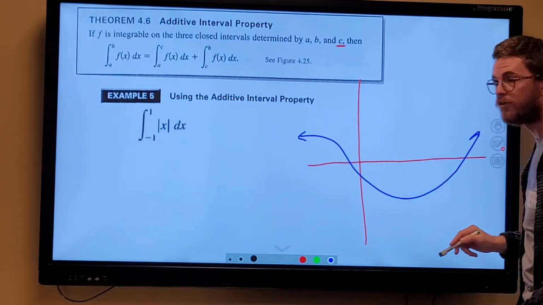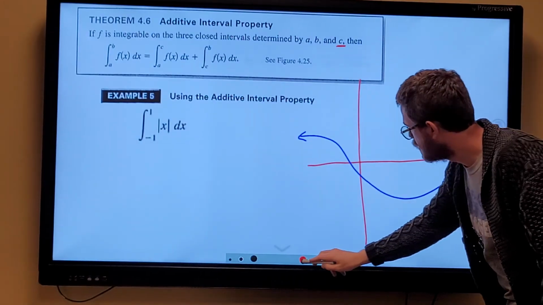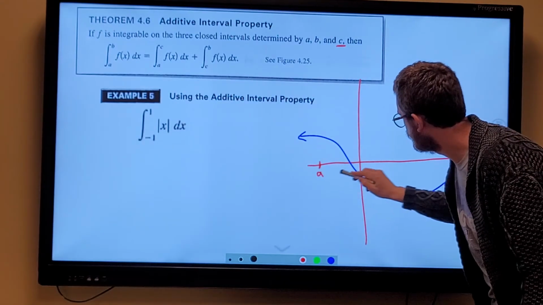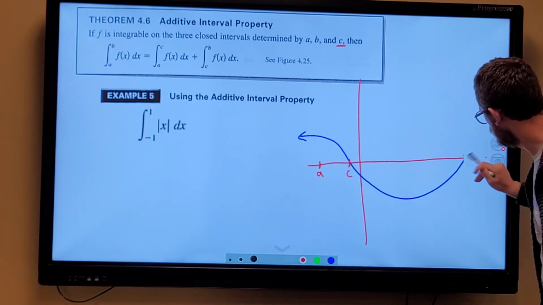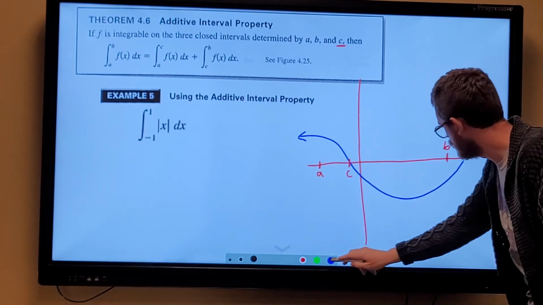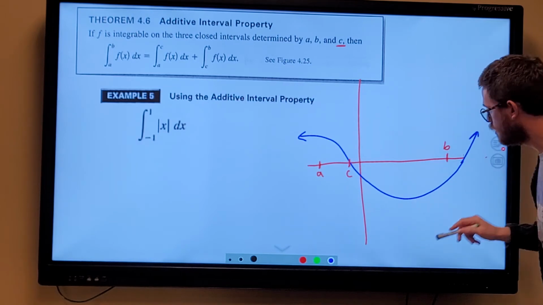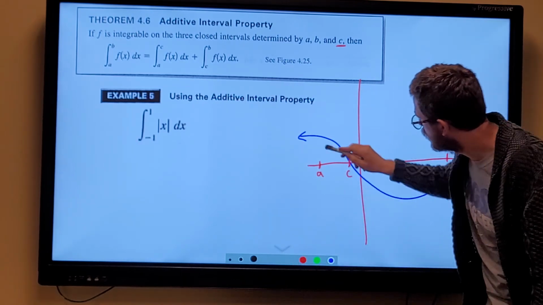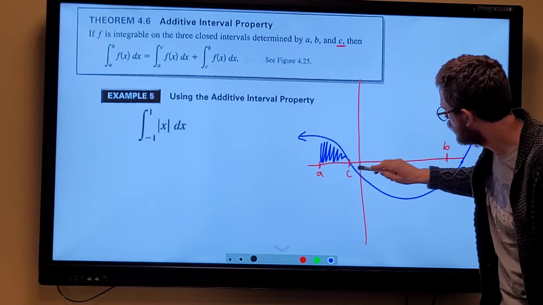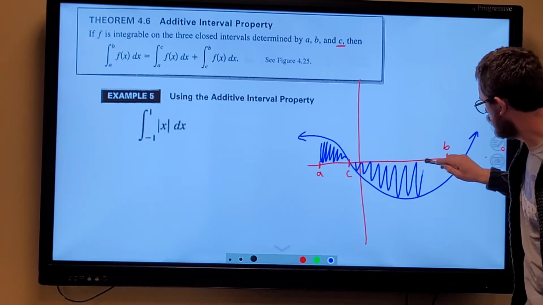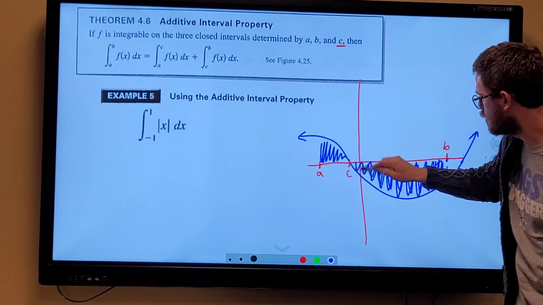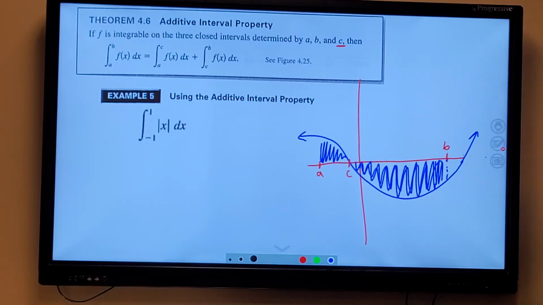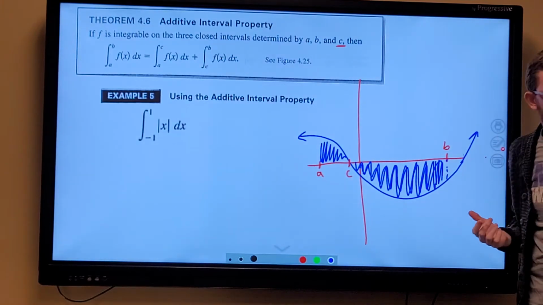To draw up that same function we just looked at. This was a great use of that additive interval.